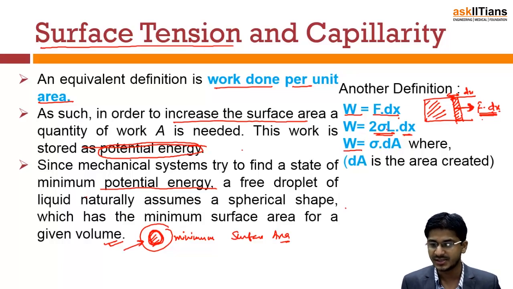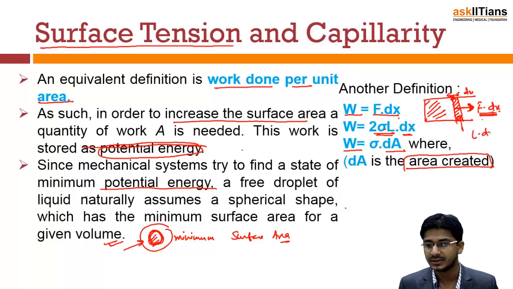So the work done can be written as sigma dot dA, where dA is the area created. Now if you see, the area that is created is not only L into dx, but it is L into dx from the top surface, and then there is another L into dx that has been created from the bottom surface. Two surface areas have been created. So the total surface area created is 2 times L into dx.